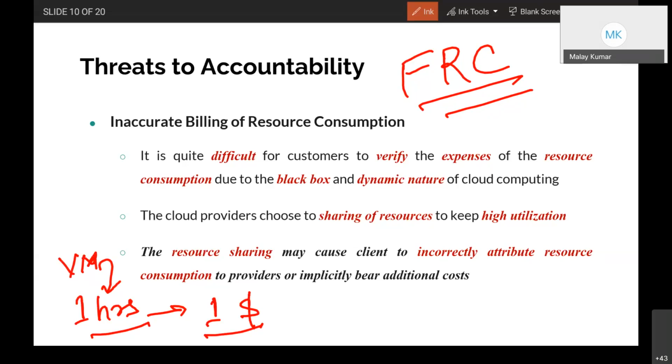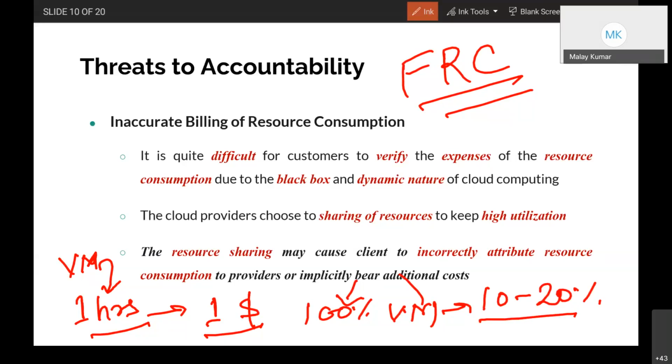But you are not using the full capacity of the virtual machine. You are just using 10 to 20% of it, and the remaining is free. Even so, you are still charged for the entire consumption of the resource.